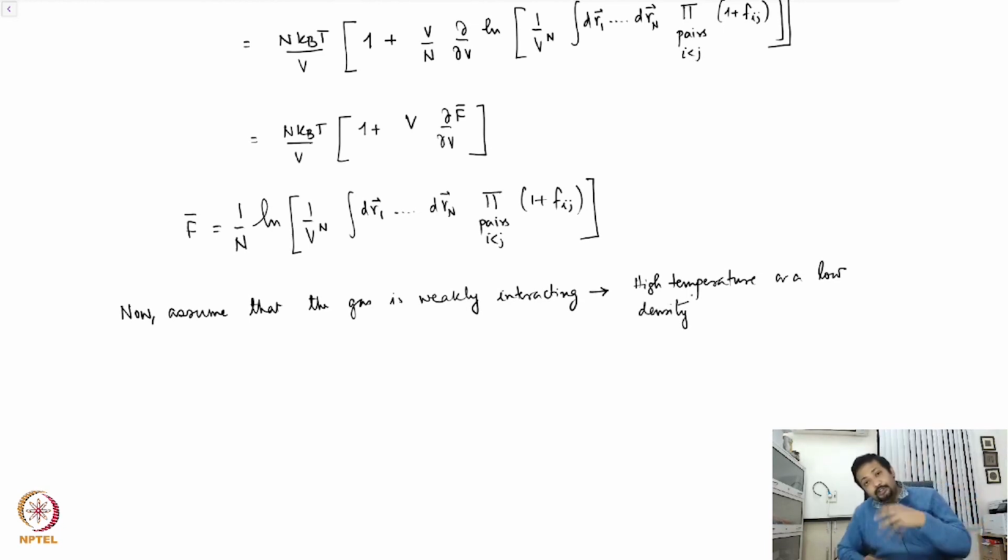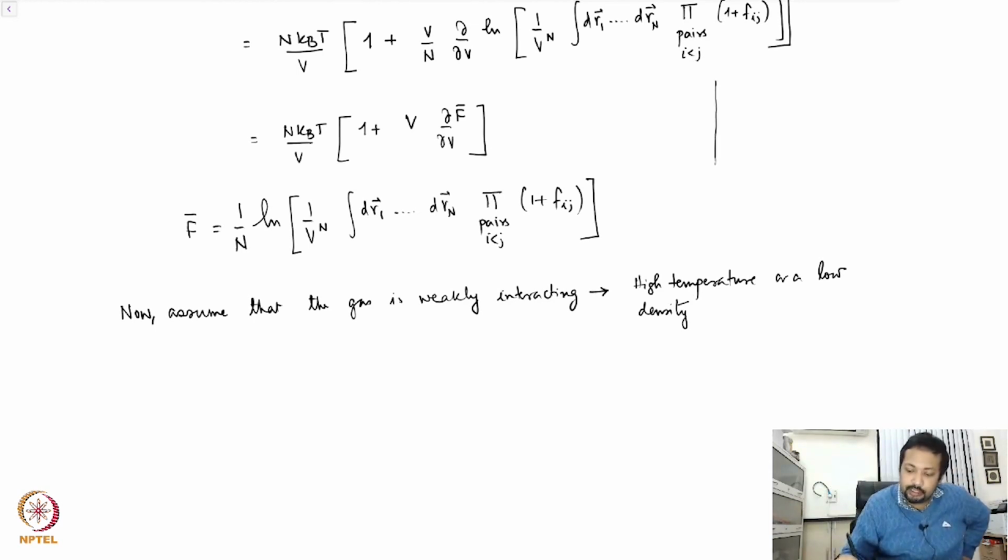In a low density system, two particles rarely see each other, so most of the time it's almost a free particle system, but sometimes they have to collide when they come within the interaction range.